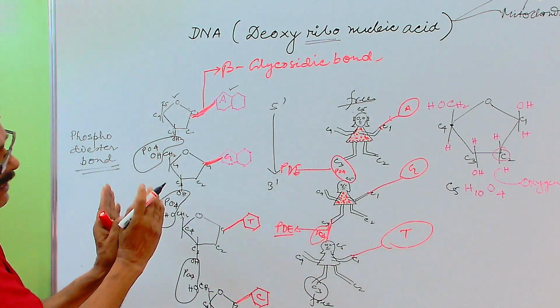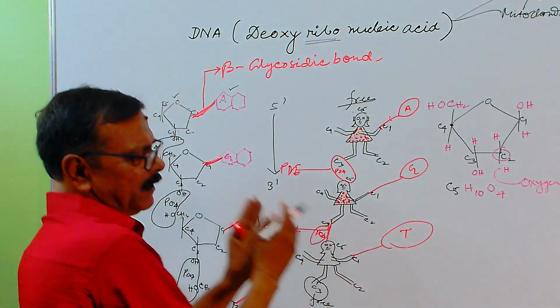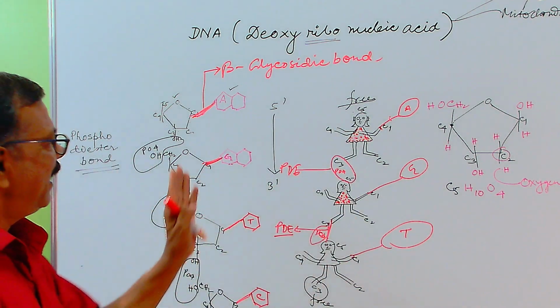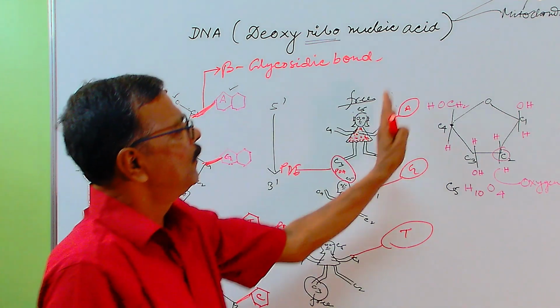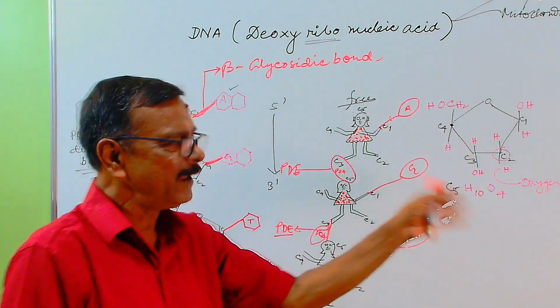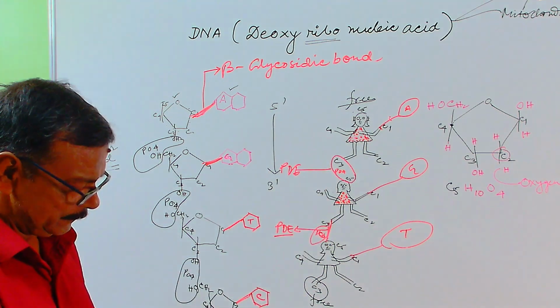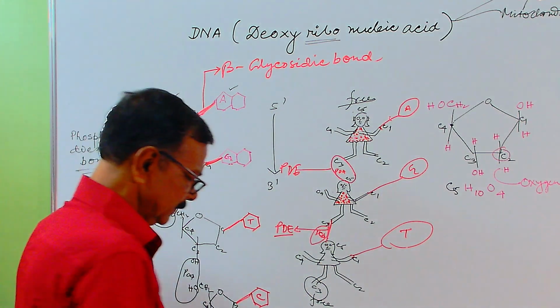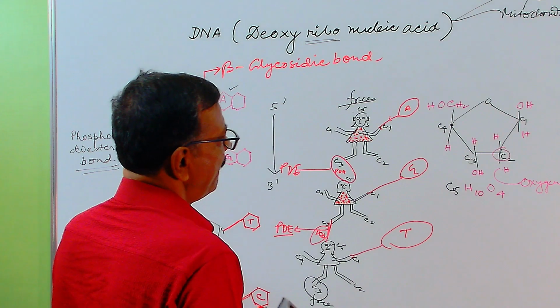So this is the one side of the nucleotide. And this adenine will join with some others. I am coming in this way. In this way, same thing.